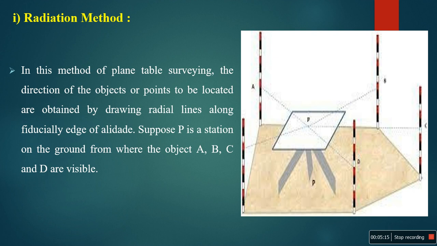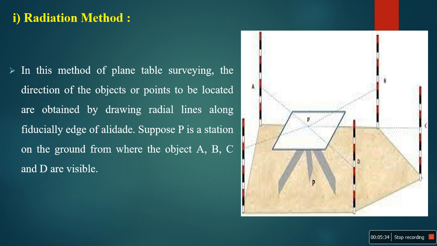Here, in the radiation method, you have to set up the plane table at the center. From that point, we can easily see all the surrounding points. We draw radial lines with respect to each object, bisecting it by using an alidade instrument.